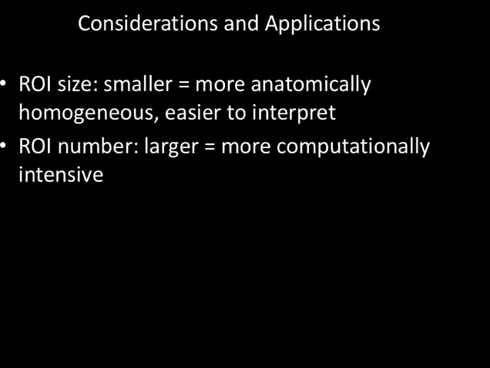Smaller ROIs are themselves going to be more anatomically homogeneous because they won't take up as much brain space, and so you can assume that the voxels that contribute to a smaller ROI are delineating one brain region, hopefully. As for ROI number, the more you have, the more computationally intensive whatever you're going to do is going to be. So these are obviously trade-offs that one has to consider in whatever application you have.